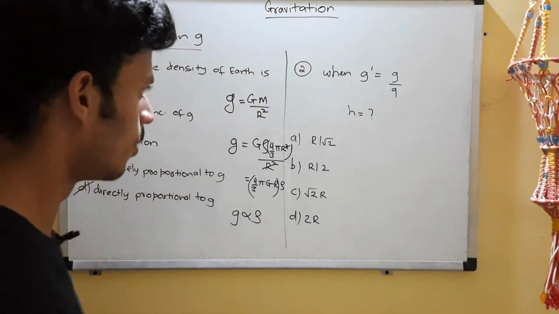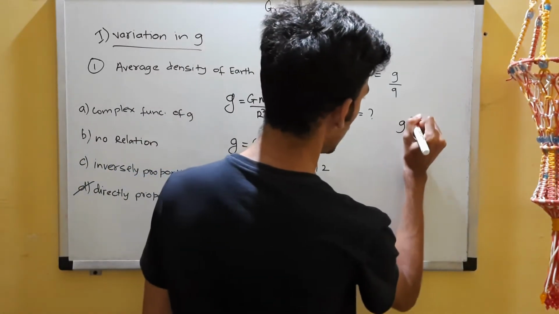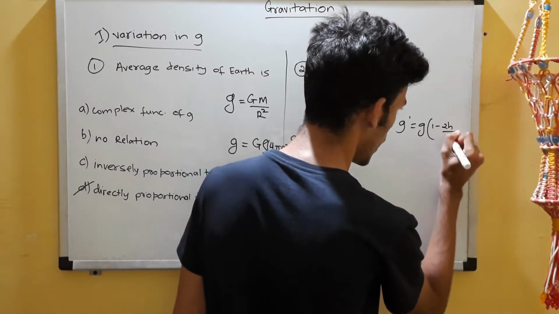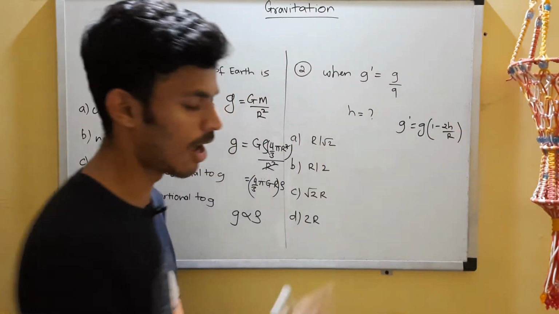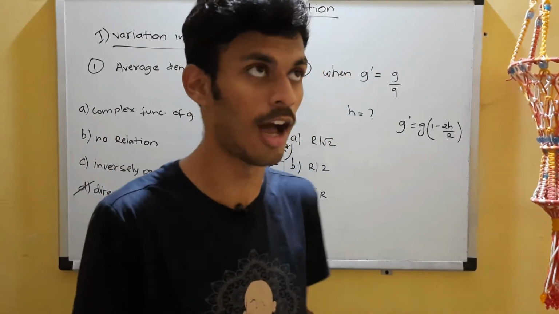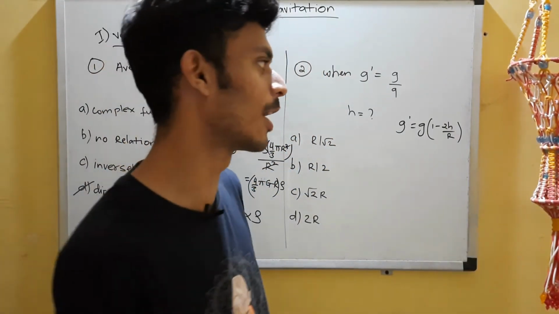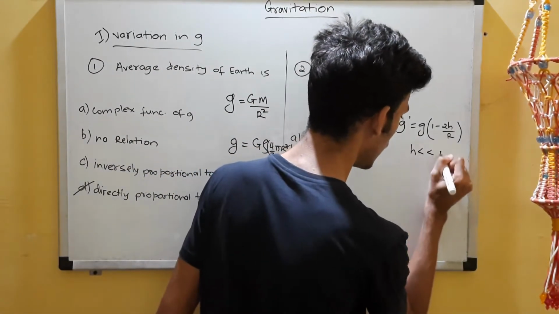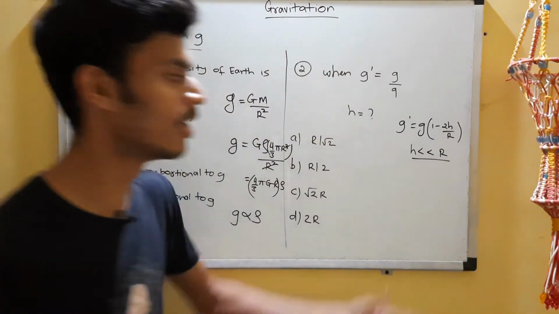Now you might be tempted to use this formula, g' is g into 1 minus 2h by r, right? This is how your acceleration due to gravity varies with height. But keep in mind that this formula is only valid if h is much smaller than r.